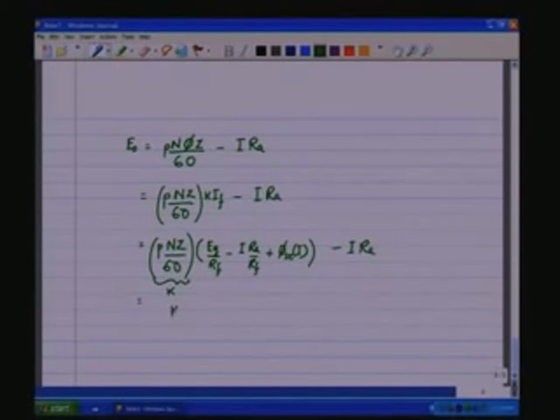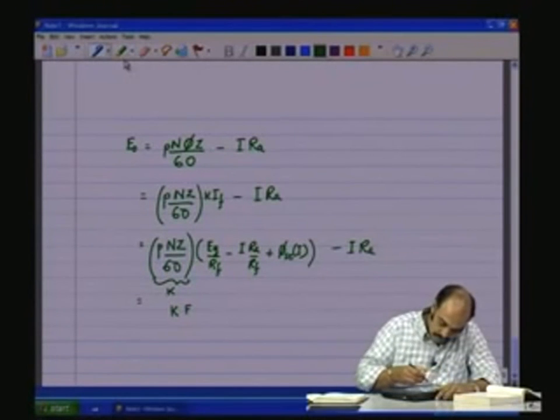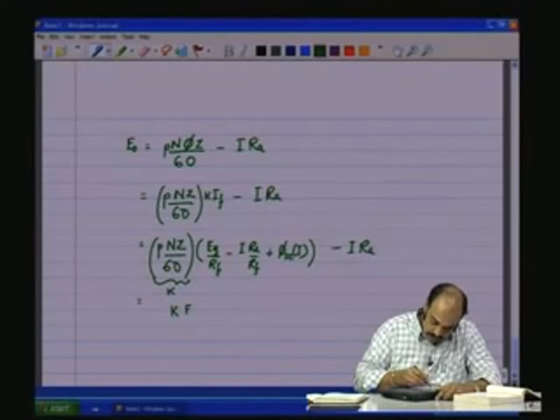So, we have K Eg by Rf, or we will call it as K1 Eg.